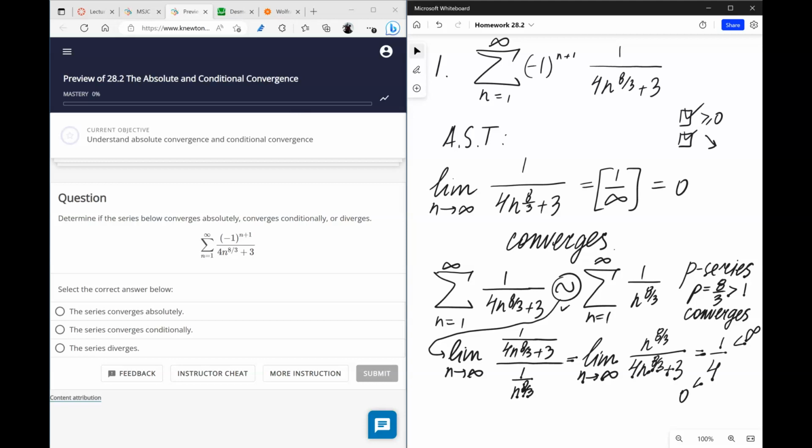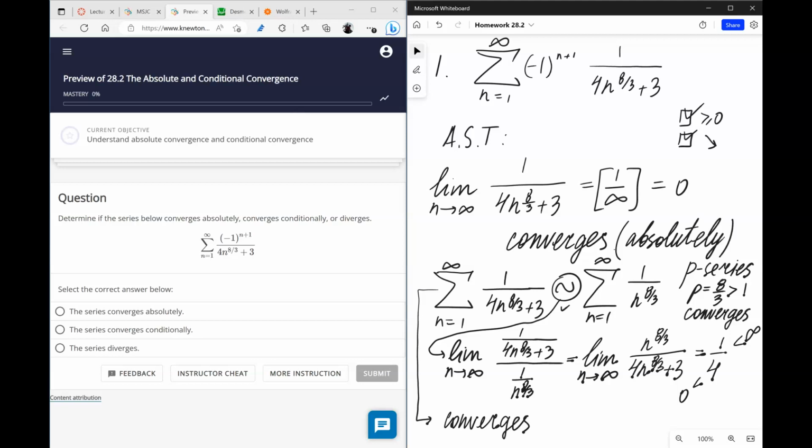Therefore, we established this equivalency in terms of their behavior. Therefore, this series converges. And because this series converges, we conclude that the original alternating series converges absolutely.